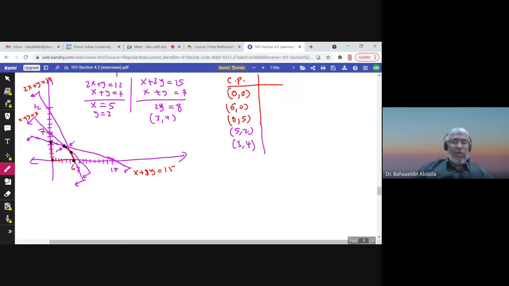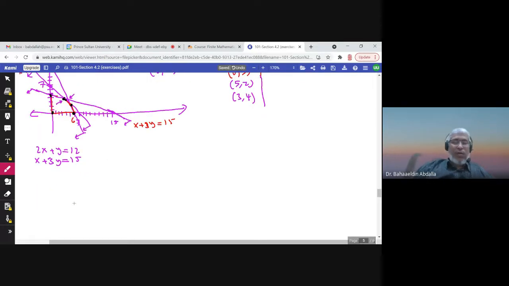This point is the intersection between 2x plus y equals 12 and the line x plus 3y equals 15. If I subtract, subtraction here will not solve the problem. So I need to multiply the second equation, for example, by negative 2.